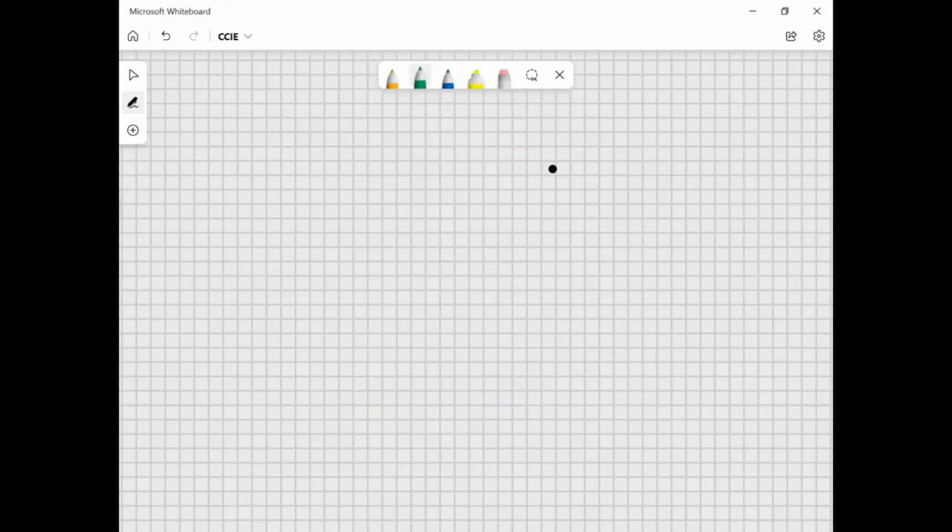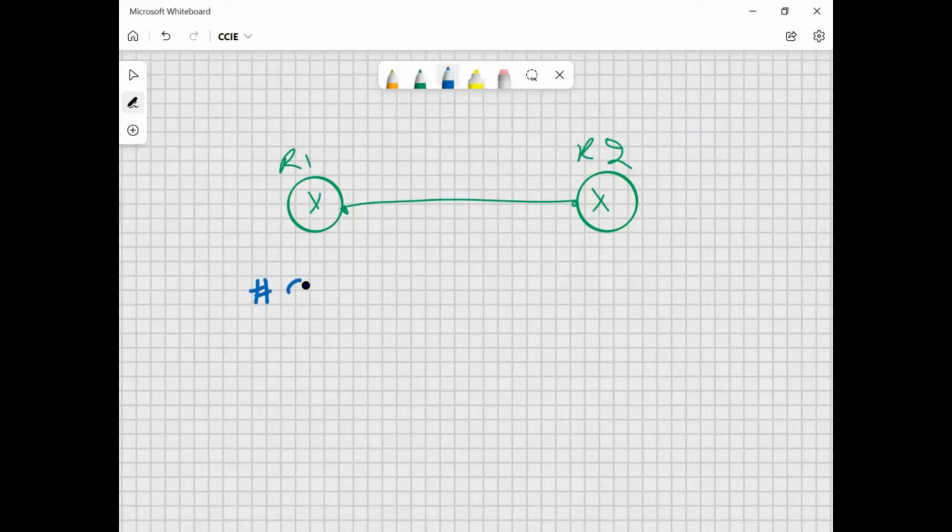Now, the very fundamental commands to run BGP. Let us say this is router 1 and this is router 2. There is a link between them, reachability should be up, everything should be fine, and IP addresses are assigned. The AS is 100. We need to go to the config terminal, then router bgp and whatever AS number you have, in our case 100.